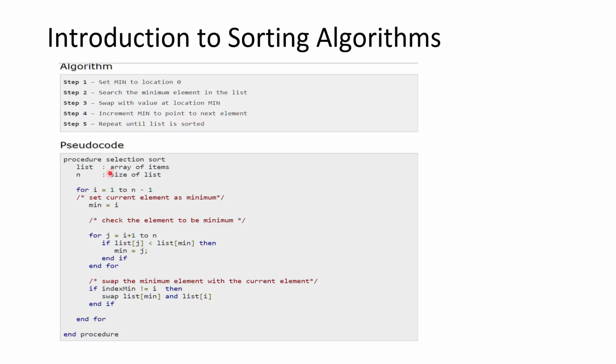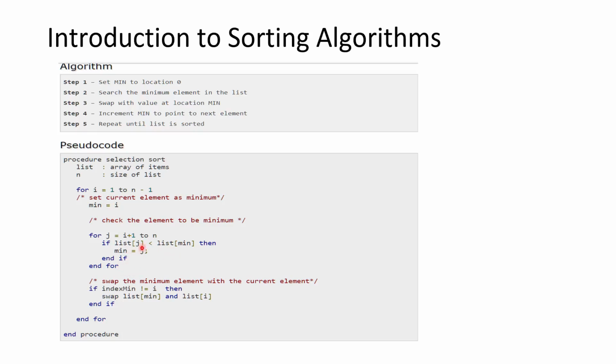making that comparison until the data structure is sorted. And we can see here with the pseudocode, we have the list, and we have the size of the list, and we have that data structure here, and then we have a for loop. So we set the current element as a minimum, so whatever that is pointing to, and then we use our loop and iterate through comparing the current element to the minimum.